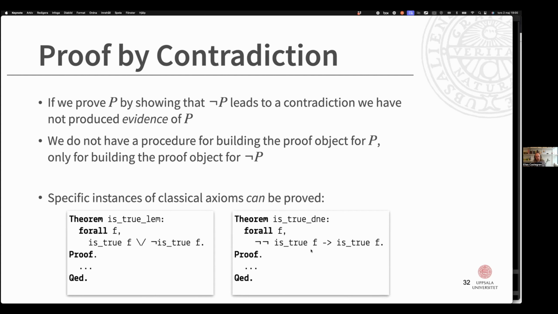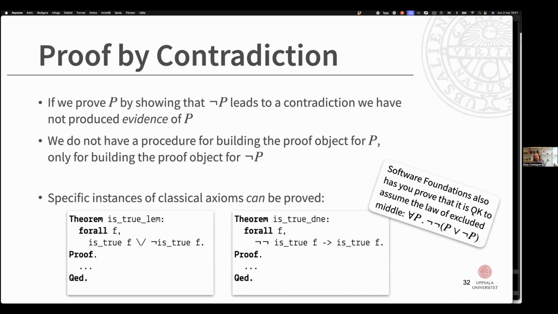You can even, and Software Foundations has an exercise for this, prove that assuming the law of excluded middle does not lead to a contradiction. You can show that it's okay to assume it, but you cannot prove that it holds.